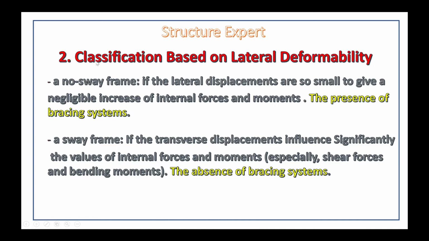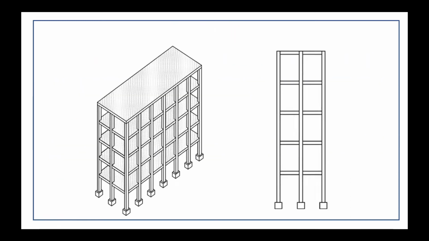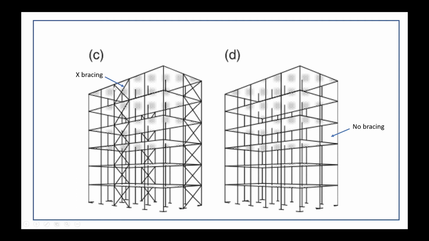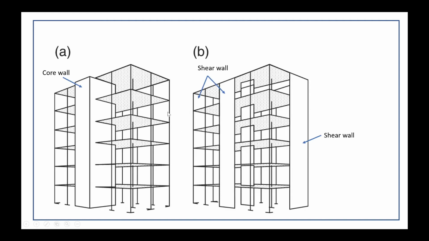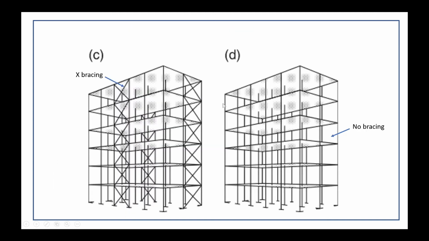In this process, we classify based on lateral deformability, not the same as the first one. We classify it by presence. If you see the structure has a bracing system or has wall or shear wall, you can call it braced frame or non-sway, or this one is unbraced frame or sway frame.